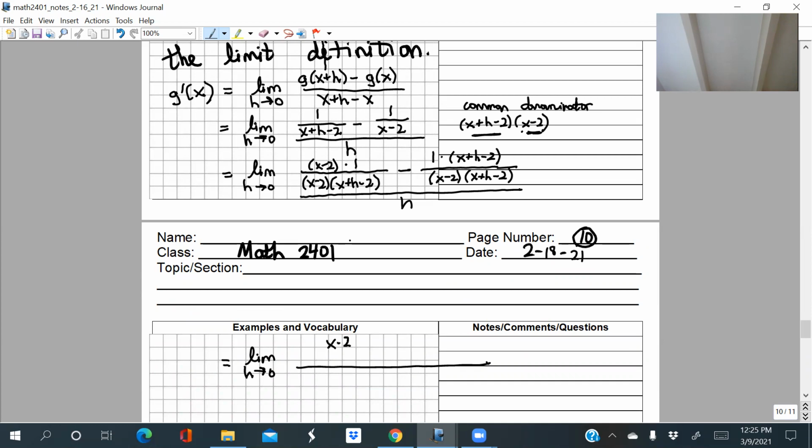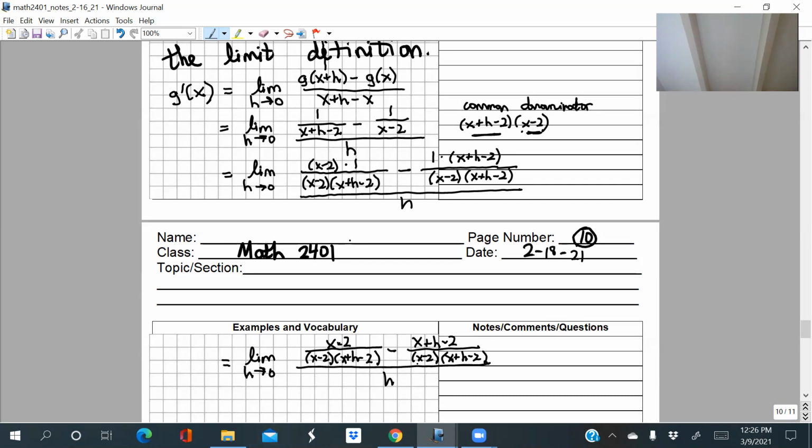It's 1 times x minus 2, which is x minus 2, over x minus 2 times x plus h minus 2, minus, what's this fraction? Well, that's just 1 times x plus h minus 2 over this denominator, which is x minus 2 times x plus h minus 2. Now you're in great shape.